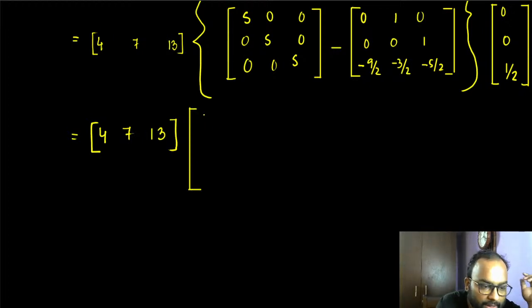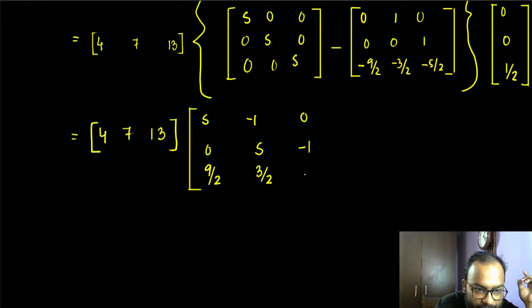So this is going to be s, then minus 1, then 0, then 0, s, minus 1, and then I have 9 by 2, 3 by 2, and then s plus 5 by 2.